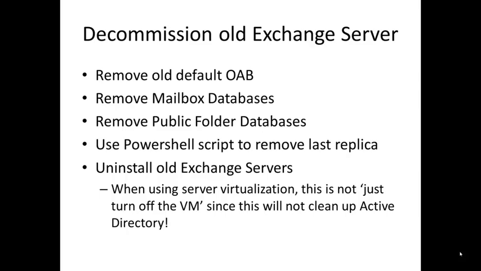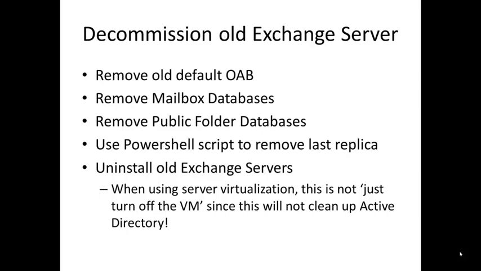Once everything has been moved to Exchange 2013, you can remove the old offline address book from your Exchange 2010 or 2007 server. You have to remove the mailbox databases and remove the public folder databases. And this can be a tricky part, especially for the last public folder database, because you have to remove the last replica on the public folder database.